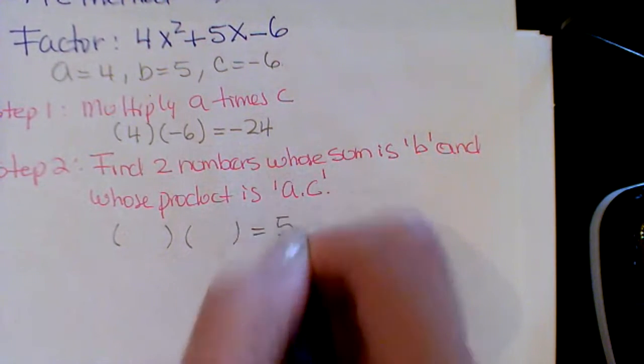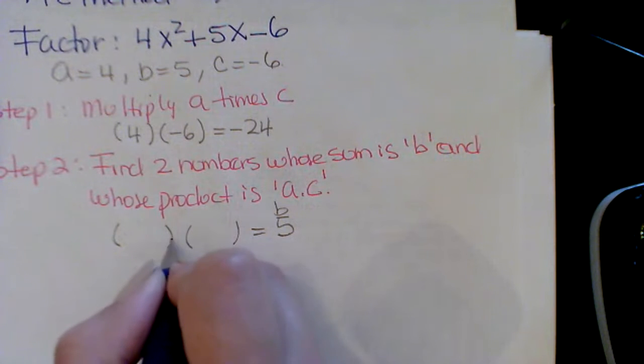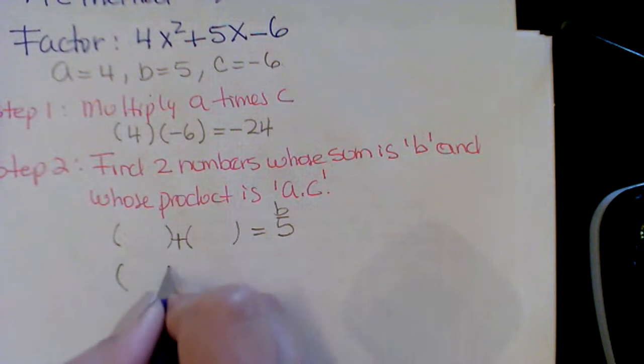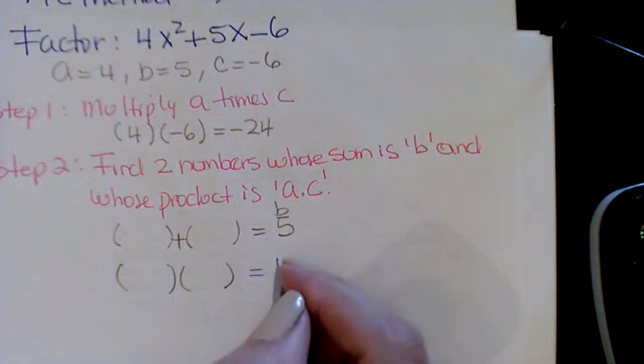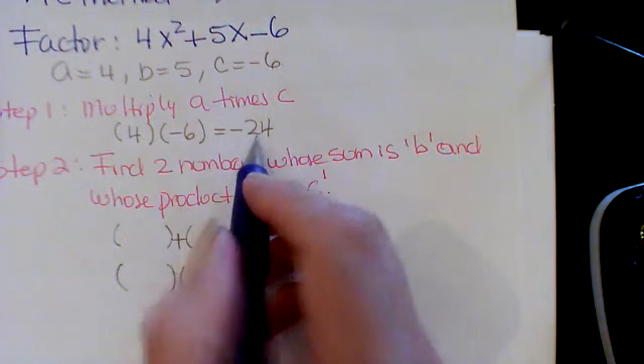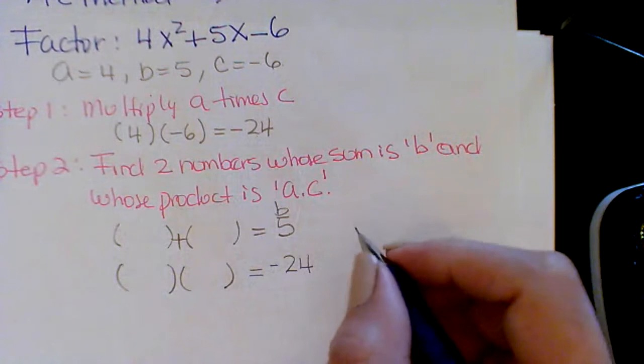To B. This is B, and this is the sum. And the product of the two numbers needs to be equal to A times C, which is negative 24.